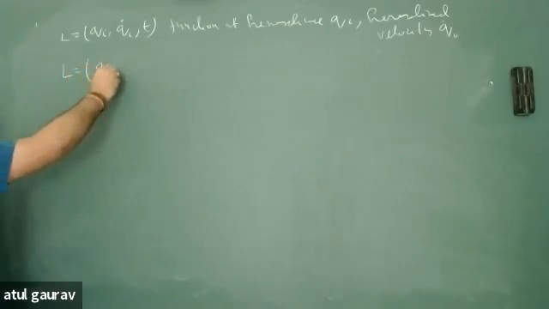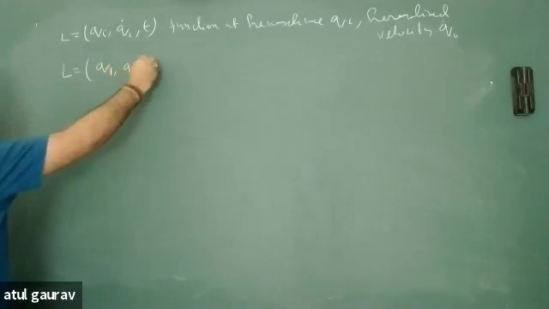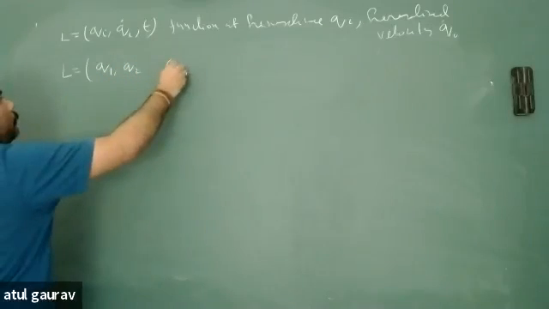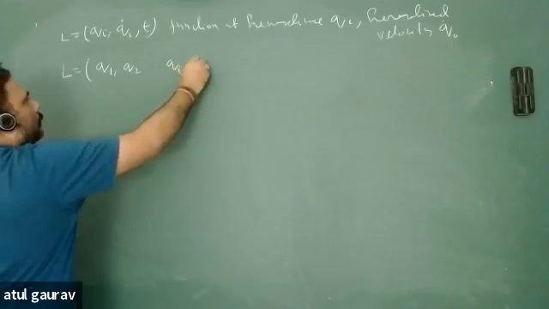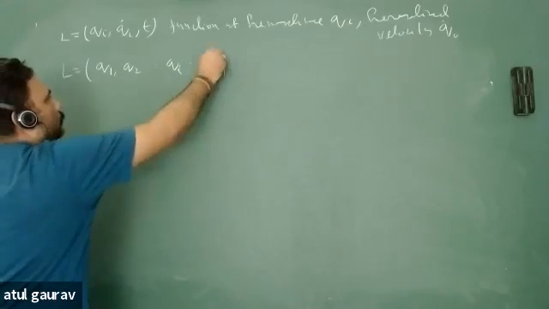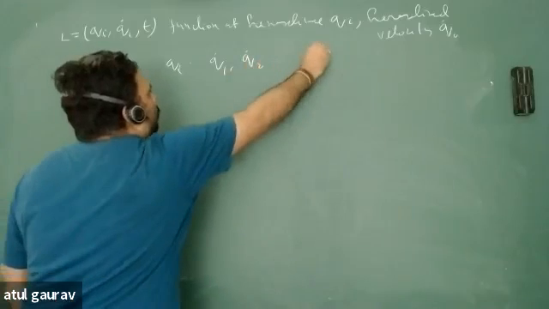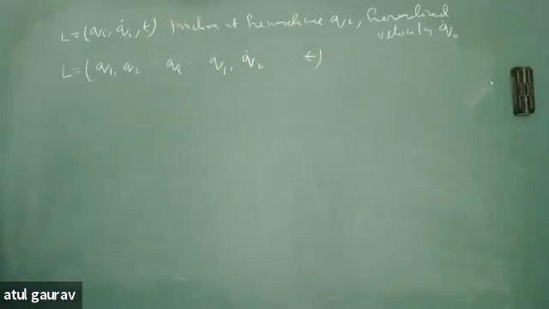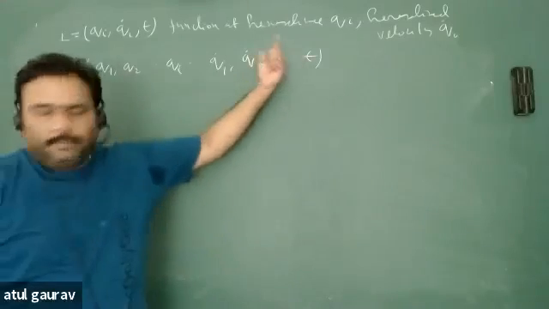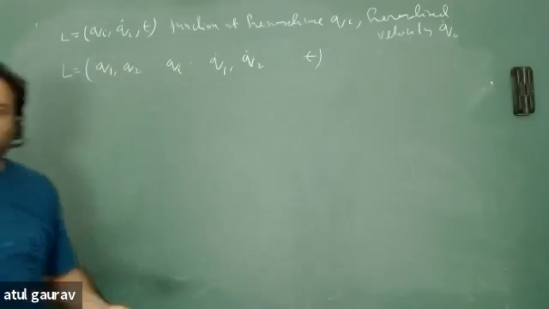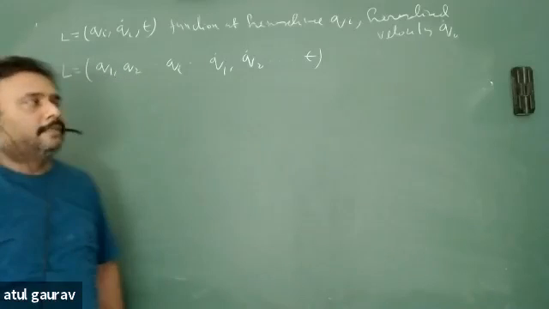Suppose you have Q1, Q2, up to Qi, and generalized velocities Q1 dot, Q2 dot, and it may be a function of time. So there may be n generalized coordinates, don't worry. Time is a different variable. If you are talking about motion, then time is already there.